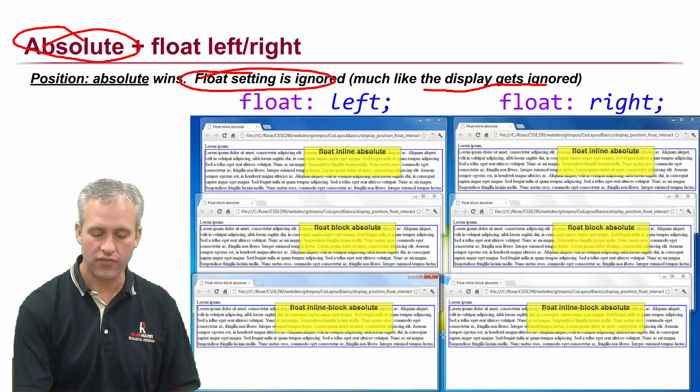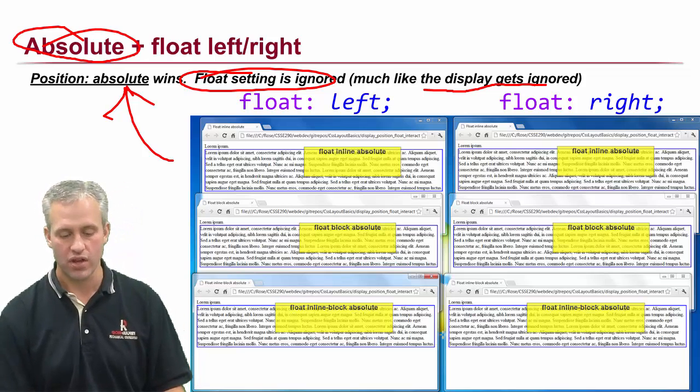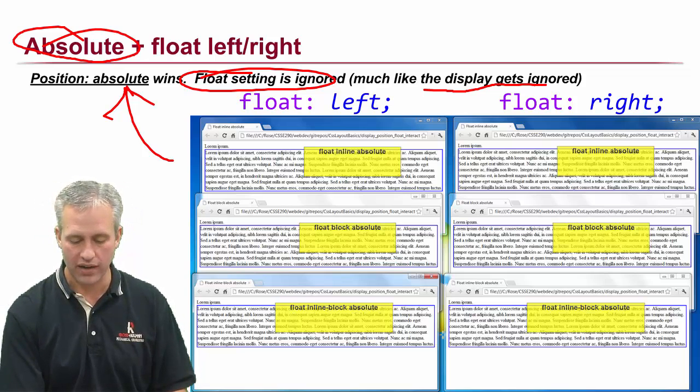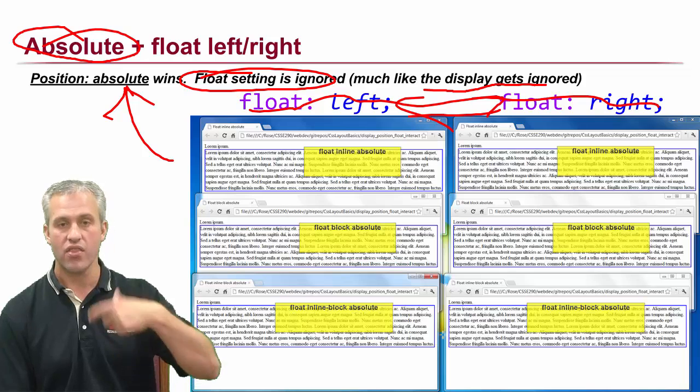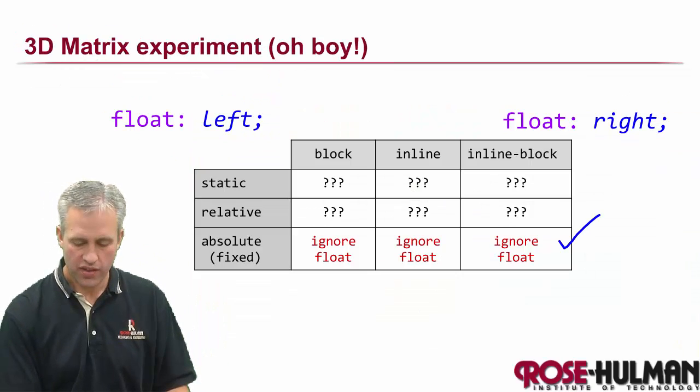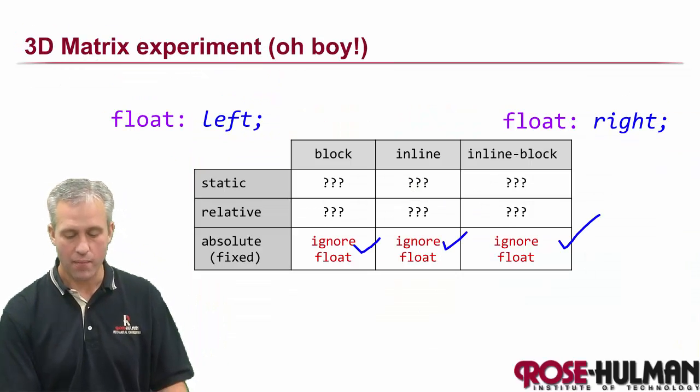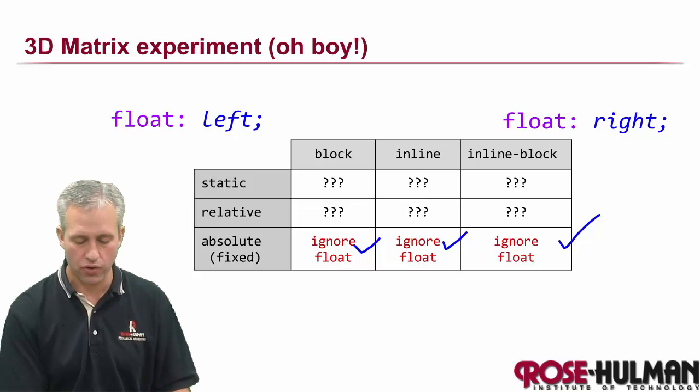So if you combine these two, the winner is very much the absolute. The fact that you put on left or right, or none, just would not matter. It would ignore them all. That's the first experiment, so that's pretty easy to fill into our table. It ignored the float, so we didn't learn much about floats yet.